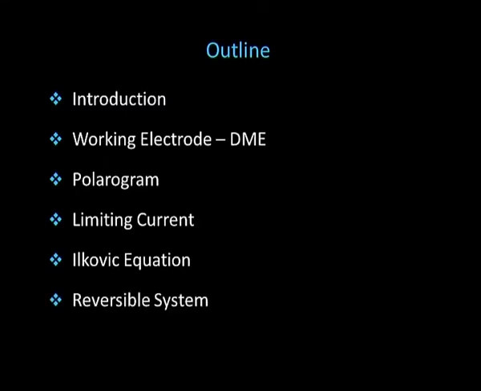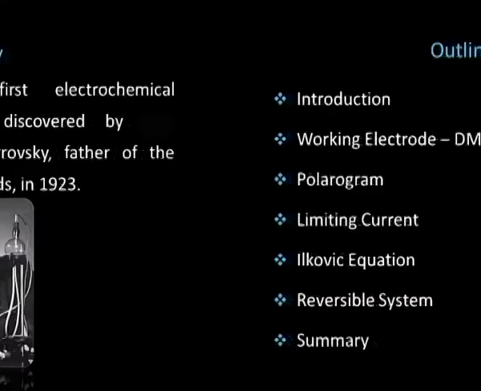There are two types of reductions, which are reversible and irreversible systems. So, we will talk in brief about these systems. Then to summarize, we will talk about applications of polarography in industrial chemistry.